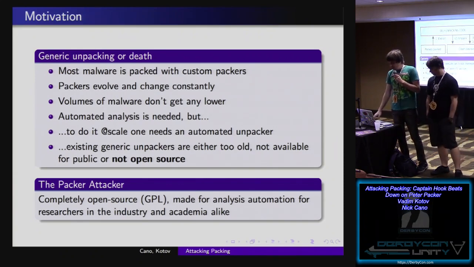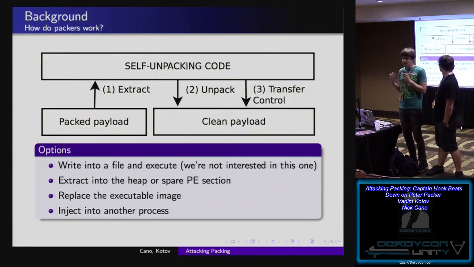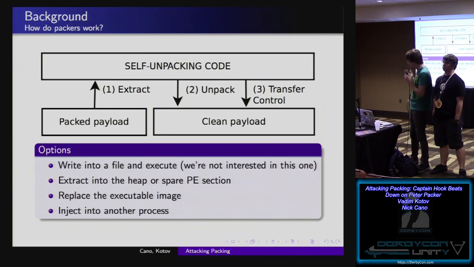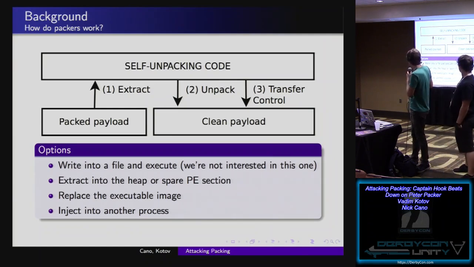So, let's begin with a bit of background. We use the term packers really loosely. What we mean by that is the following. When malware executes on your machine, it usually starts with self-unpacking code that extracts the actual malicious payload from somewhere.